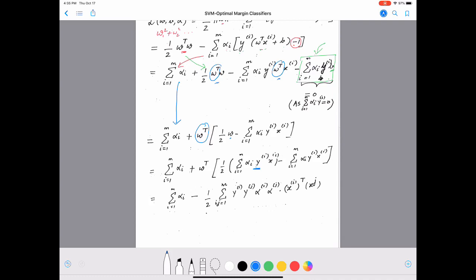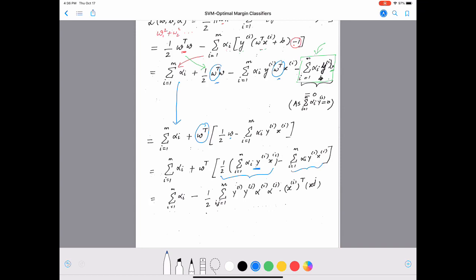Now we actually can see that both of these terms are the same, right? It's half of this minus the same term. So now we get minus half when we go through this.